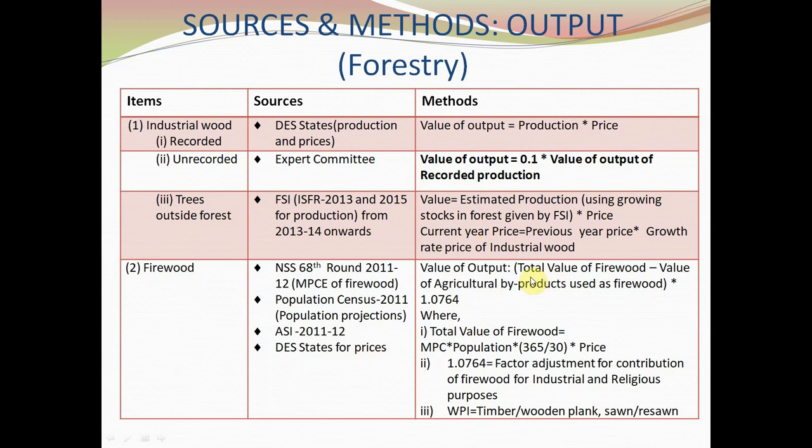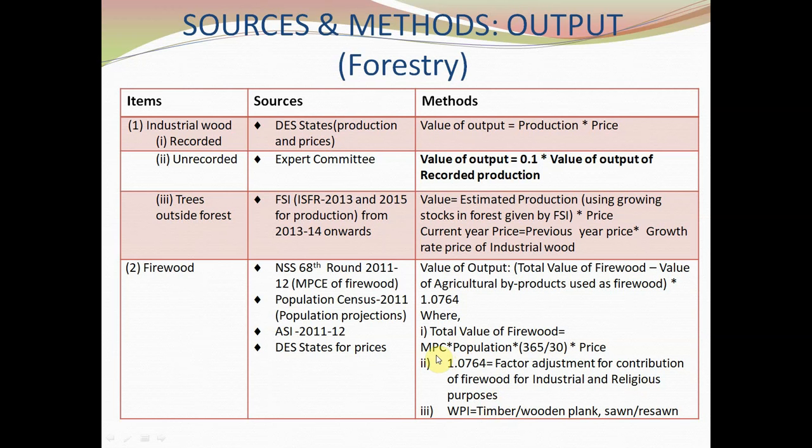Value of output is calculated by total value of firewood minus value of agricultural byproduct used as firewood, multiplied by 1.0764, where this factor 1.0764 is the adjustment for contribution of firewood for industrial and religious purposes.